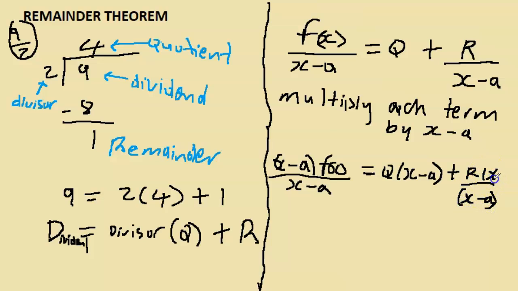So we multiply x minus a times each term, and x minus a into itself gives us 1, so we'll have f of x equal to q times x minus a plus r.